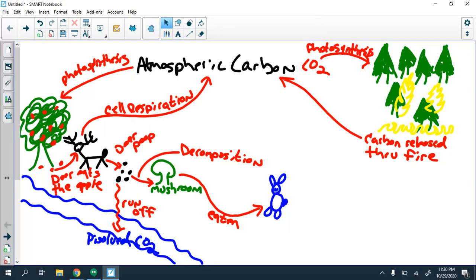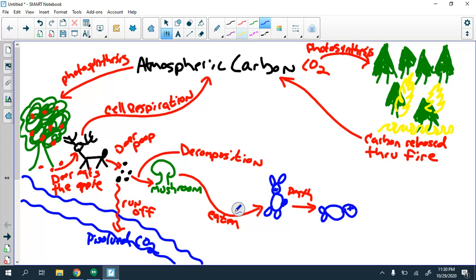Let's go back to our rabbit. That word states death. So the rabbit dies. There's our dead rabbit. Wrong color.